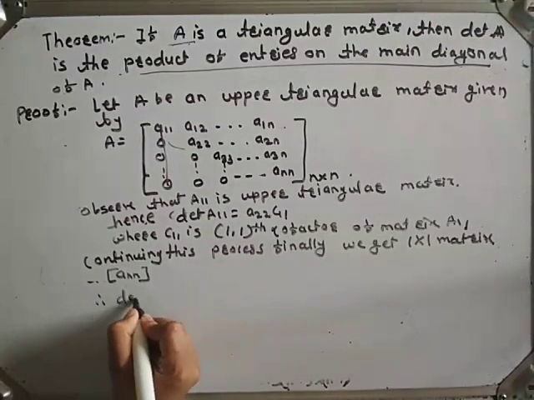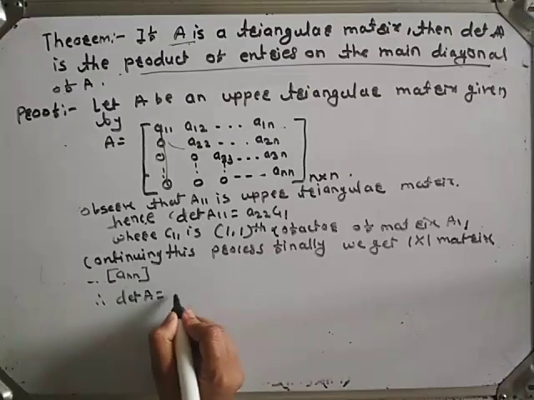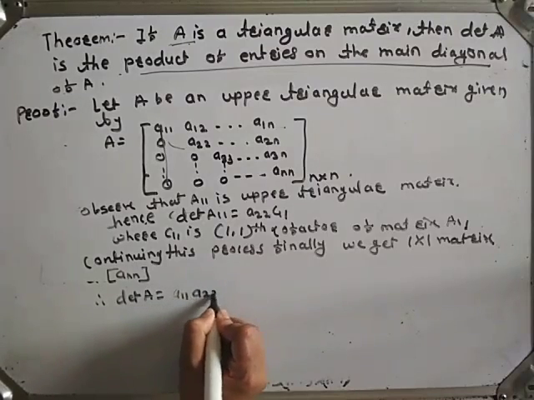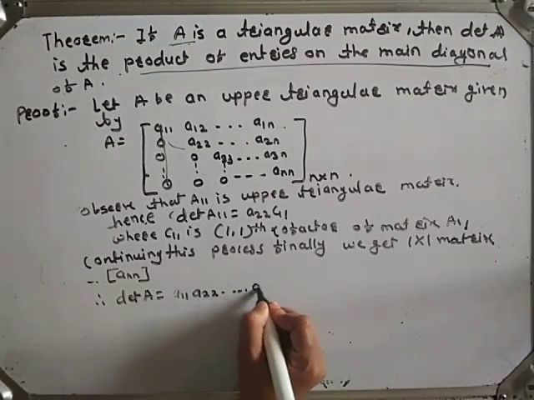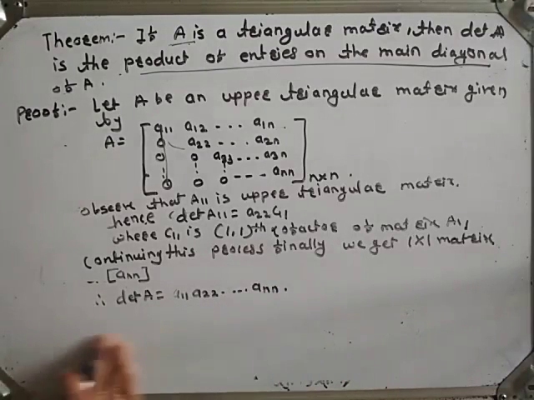Therefore, determinant of A is equal to A11 into A22 and so on up to Ann.